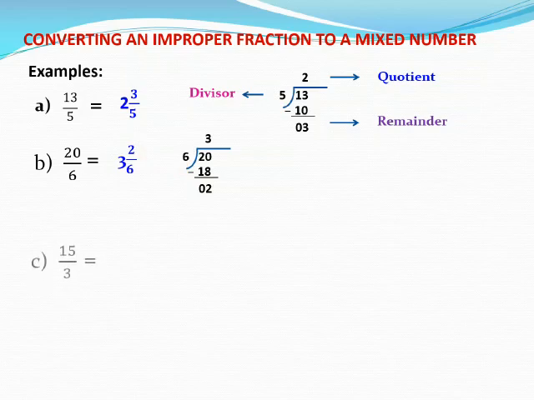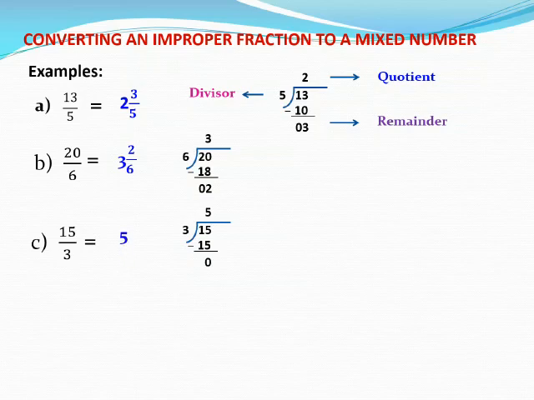Next, one more example. 15 by 3. First step, let us divide and see what the quotient and remainder are. Quotient is 5, remainder is 0. In this case, when we divide, if the remainder is 0, we have to write the answer as a whole number. That is, 15 by 3 is equal to only 5.